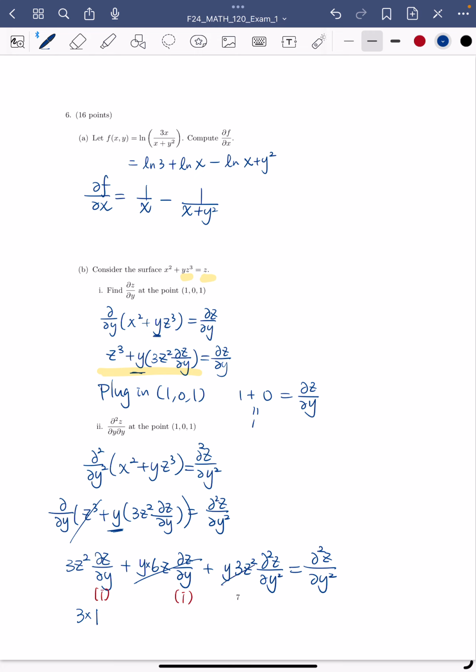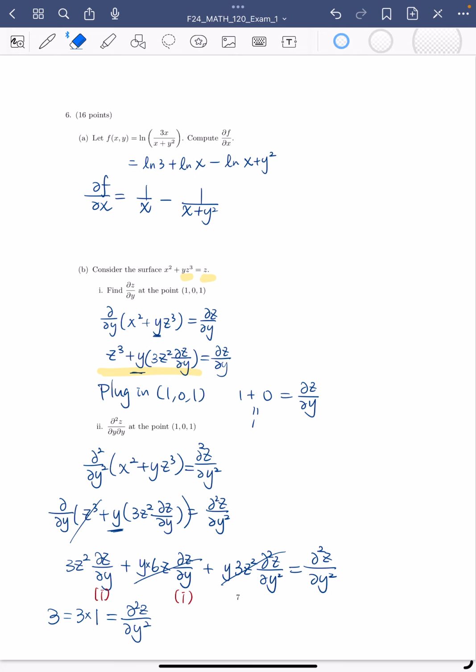And it's 0 also here. So the answer is 3. Is it? Okay, I checked.